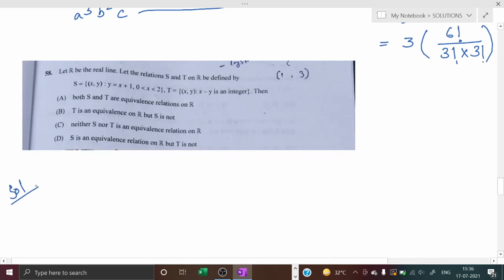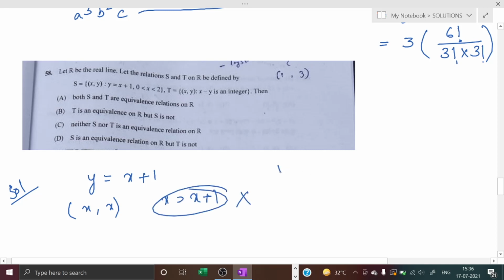Next question. This is a very easy question on relations. R is the real line, and for S the relation is given as xSy if x equals x plus 1. So for symmetric, x equals x plus 1 is not possible, wrong over here only.